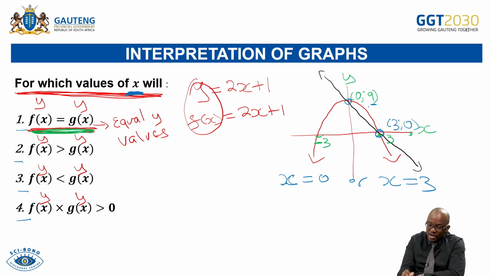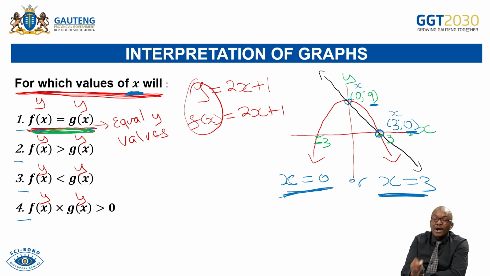So it means at this point, y values are equal where? At 9 and at 0. But on those points, what are your x values? At 9, the x value is what? 0. At 0, sorry, the x value is what? 3. So those are the x values where the y values of those functions are equal.